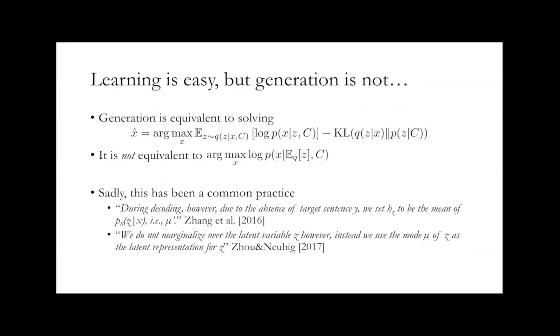Learning is easy, because we can maximize the lower bound, but it turned out that generation is not necessarily so. Generation, as we learned just today, is to solve this argmax problem, and in this case over the lower bound. So we need to find the sequence that maximizes this lower bound, but maximizing this lower bound is not that easy, and a lot of people have made mistakes in this direction.